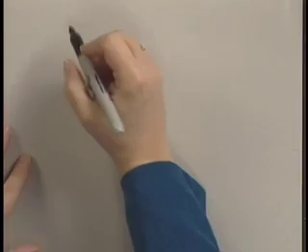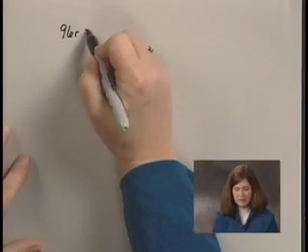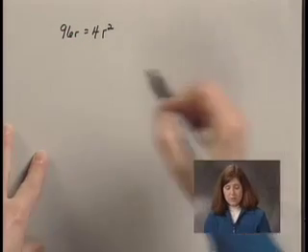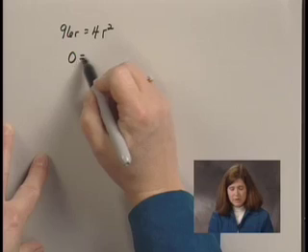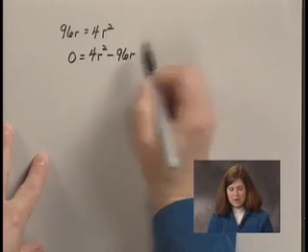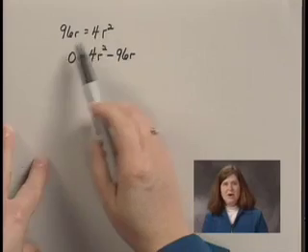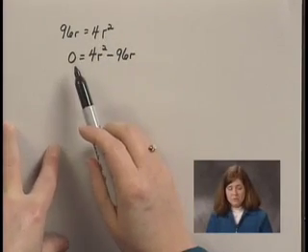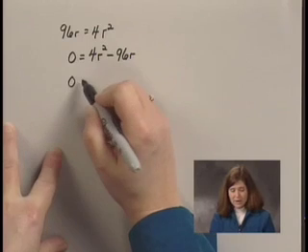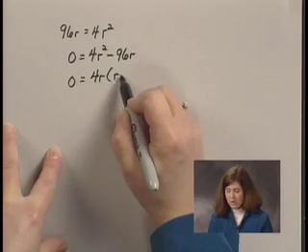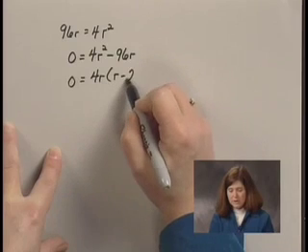Now to solve 96r equals 4r squared, I will subtract 96r on both sides, which gives me 0 equals 4r squared minus 96r. Notice that I don't try to divide by r here. Since it's a quadratic equation, I want to get a 0 on one side, and then I can factor. I factor out a 4r, and I get 4r times (r minus 24).